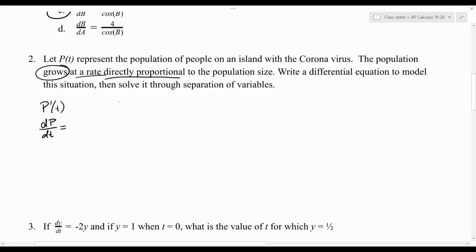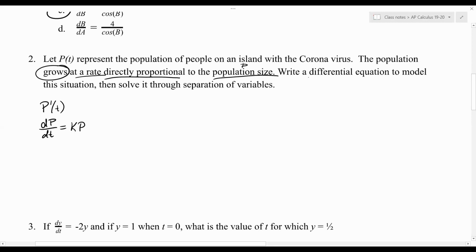And if it's directly proportional, we're going to have k times the population size, which is P. Usually, the variable that's on top is also the variable on the right-hand side. That wasn't the case in the first example, but it is more often the case. But make sure you read the question. So it's proportional to the population size, so we have kP.